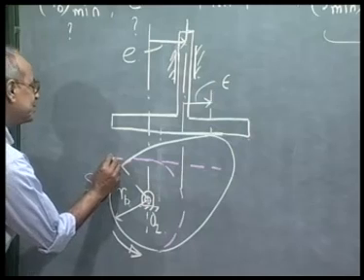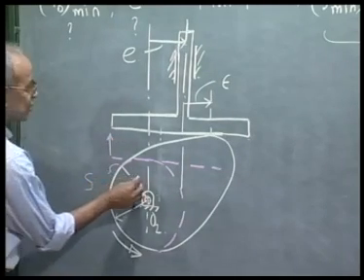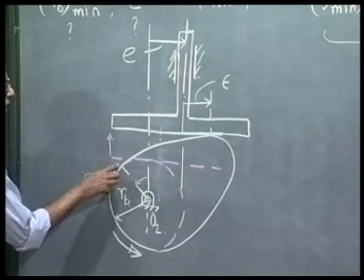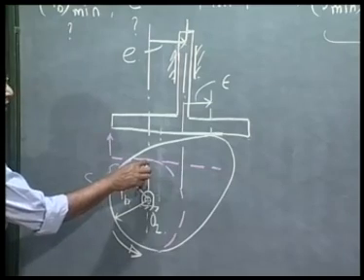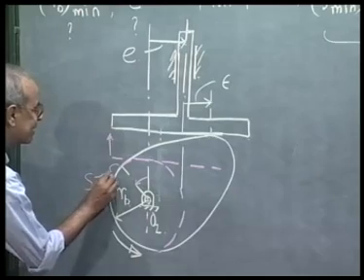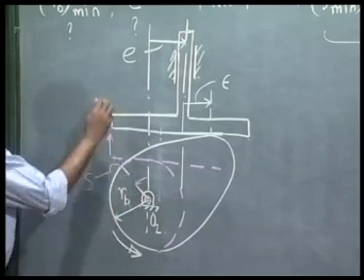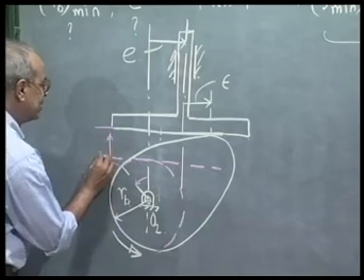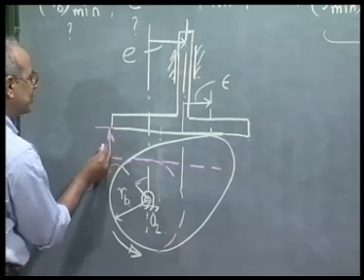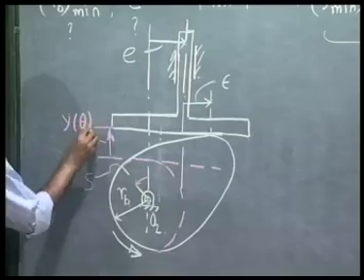So this is the level from which the follower starts rising. At the beginning of the rise, contact was here, along the vertical line; O2S was vertical. The cam has rotated by an angle theta, and consequently the movement of the follower is given by this y, which is a function of theta.